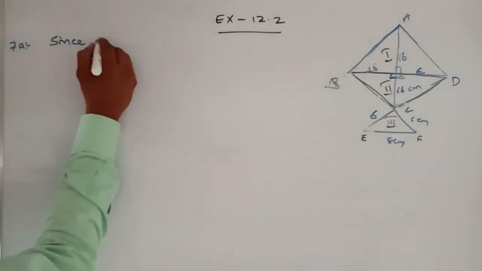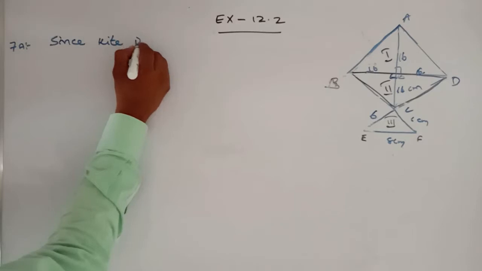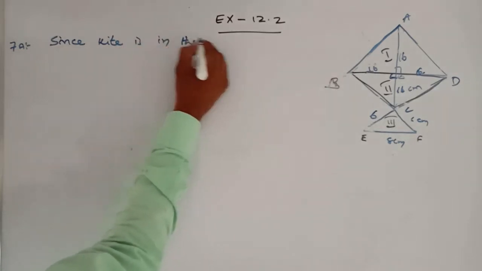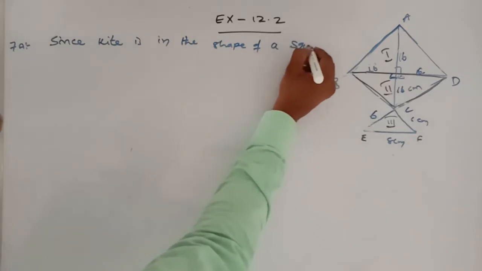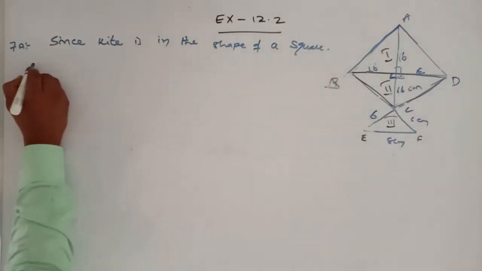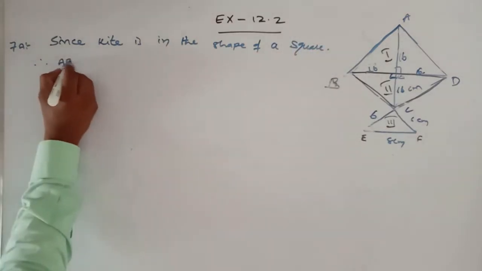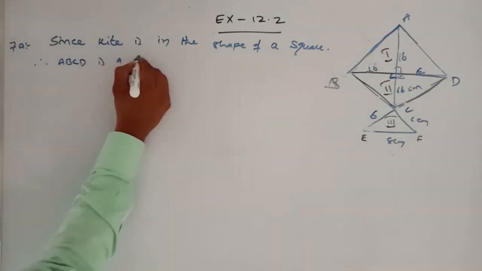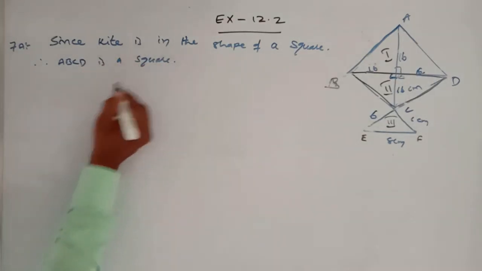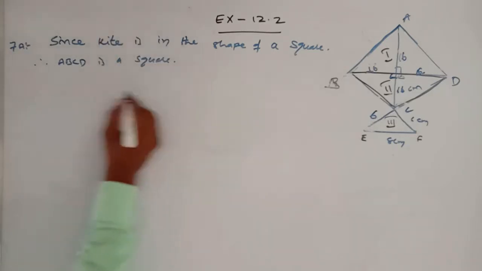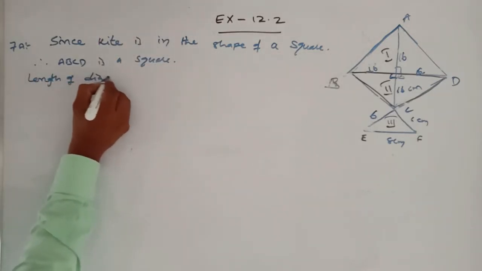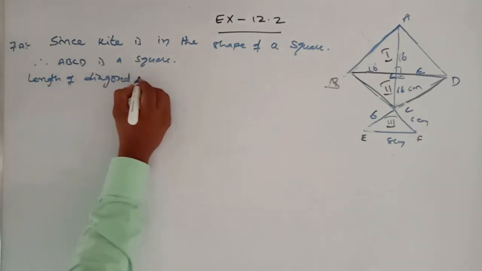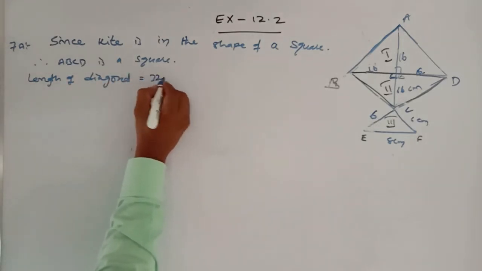Since the kite is in the shape of a square, I am taking ABCD as a square and the length of the diagonal is equal to 32 centimeters.